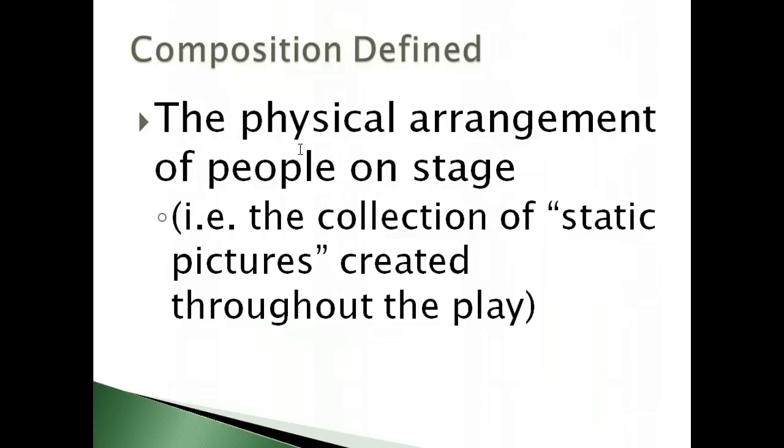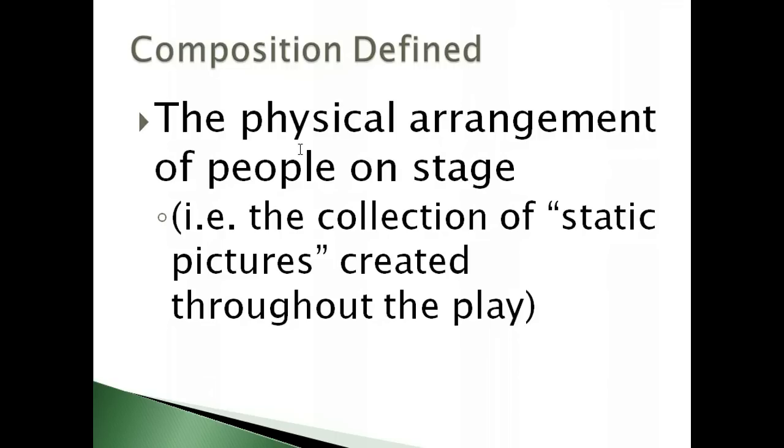And a good director will carefully compose his or her stage pictures and will be guided by some very specific principles. One of the principles that we'll talk about a lot in class is that if you know what you're doing, you can use stage composition to help tell the audience where they need to look.